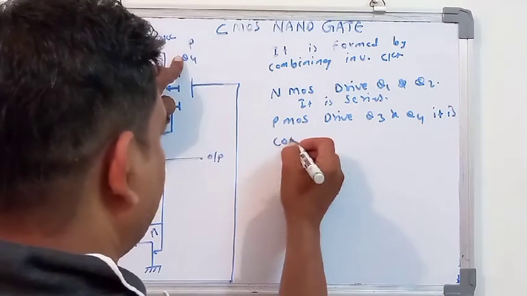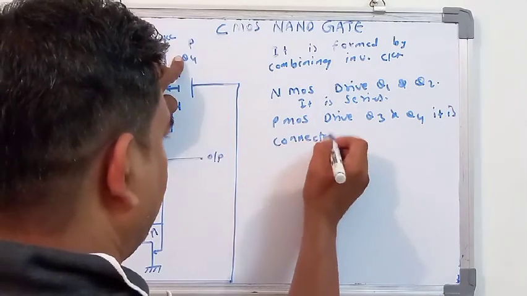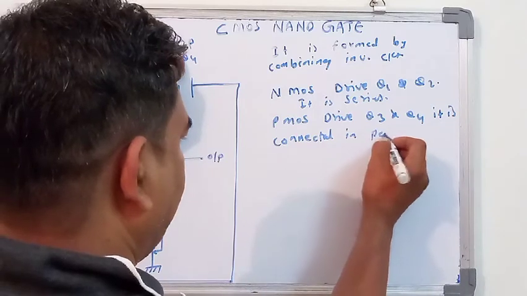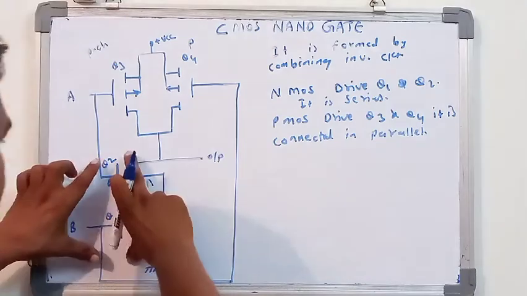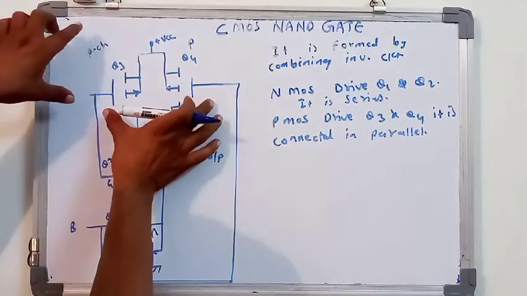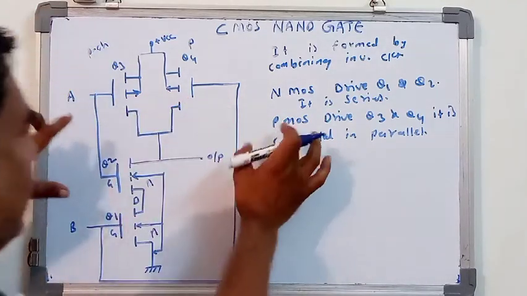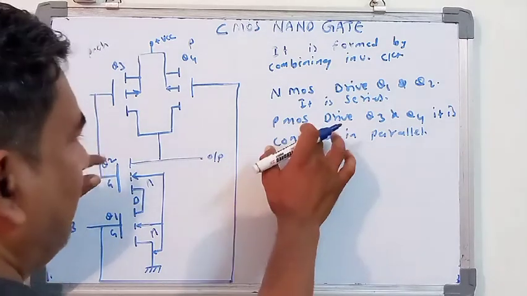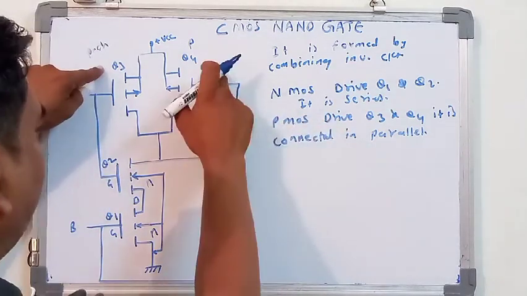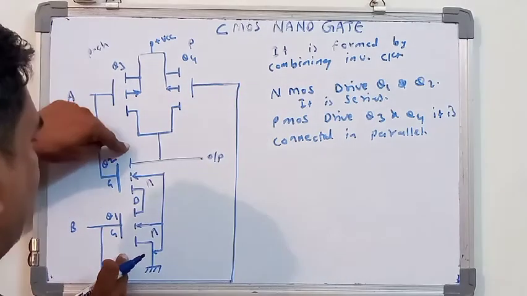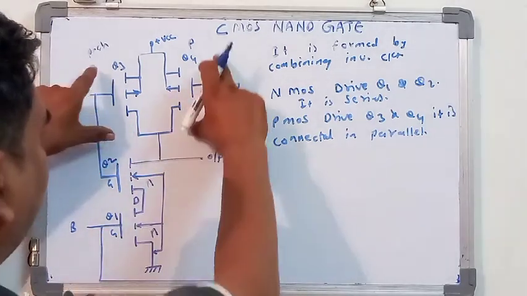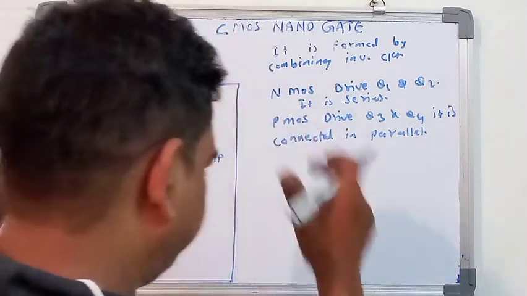These are connected in series, and these both are connected in parallel. That is the P channel metal oxide semiconductor, and the N metal oxide semiconductor is connected in series while the P is connected in parallel.